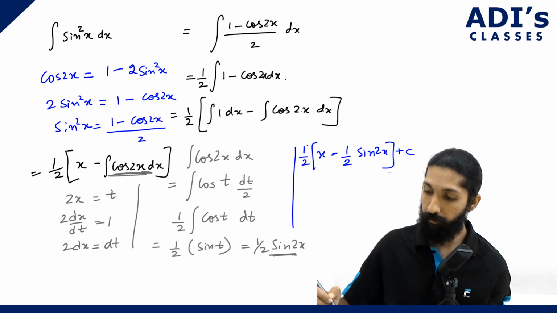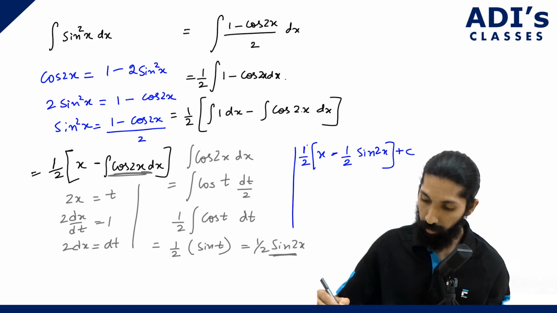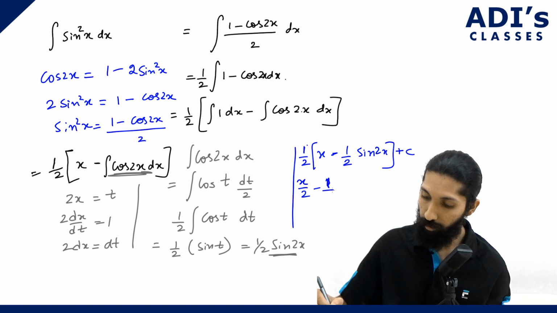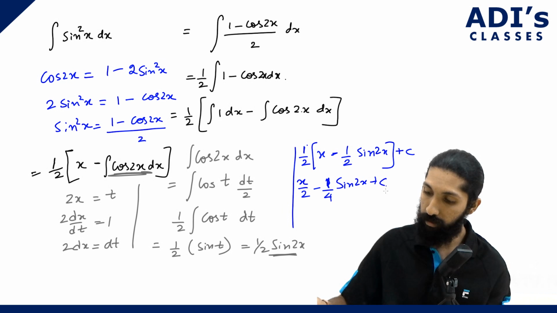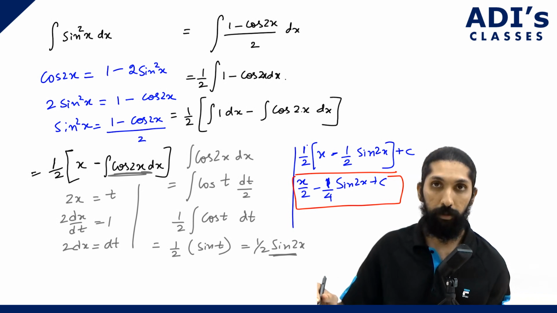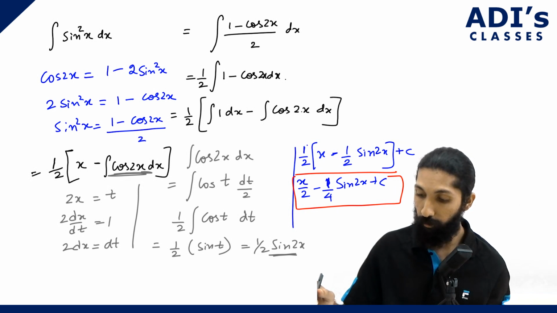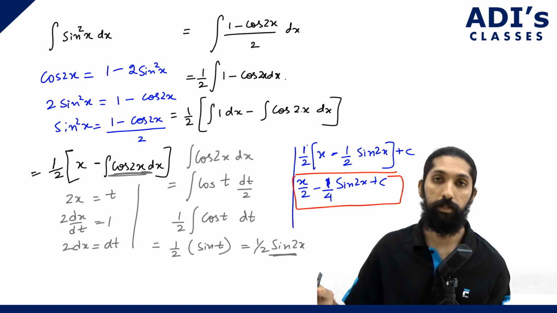Now write plus c, or this is going to become x by 2 minus 1 by 4 into sine 2x plus c. So this is going to be the final answer. x by 2 minus 1/4 of sine 2x plus c.